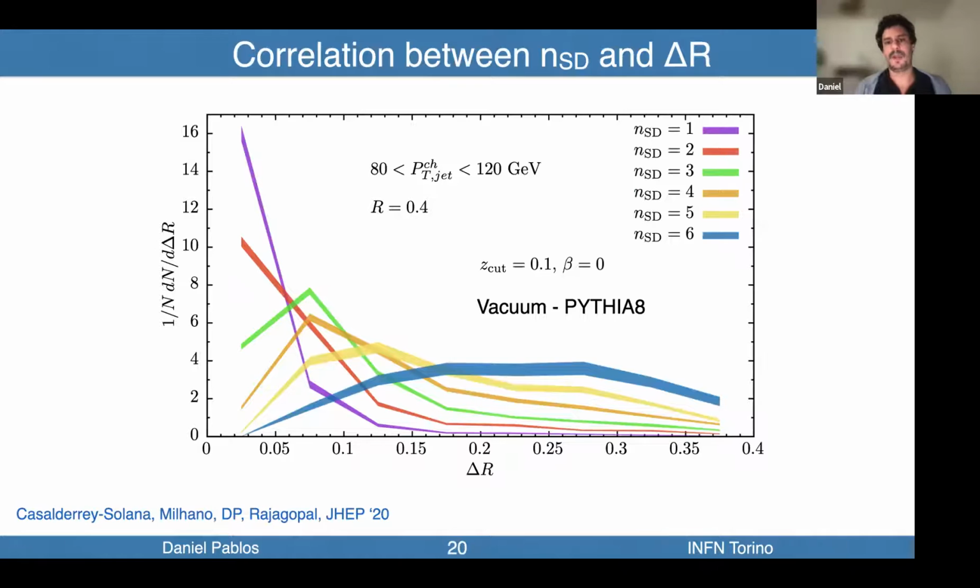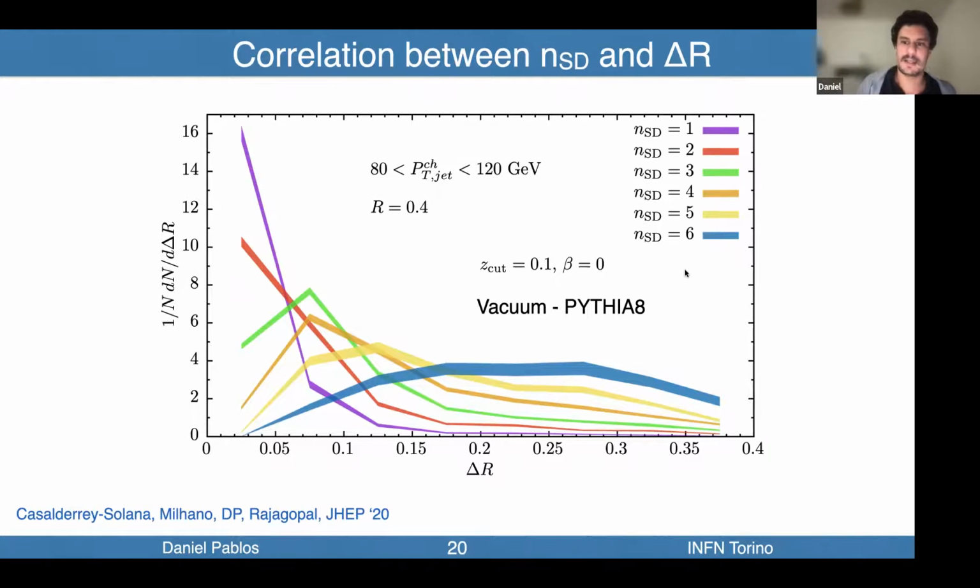So you can take PYTHIA 8, which is a pT-ordered shower with dipole kinematics, and you can take jets that have one groomed splitting only, and you will see that the groomed radius of the first splitting, in this case the only one, the purple, is very narrow. If you take those with two, then it is more likely that the groomed radius of the first splitting in the x-axis is wider, and so on.